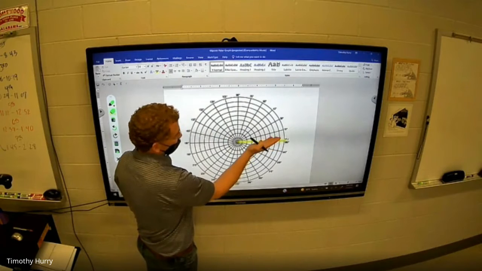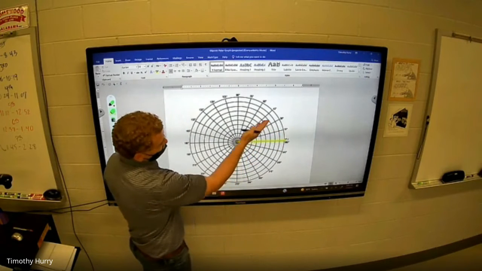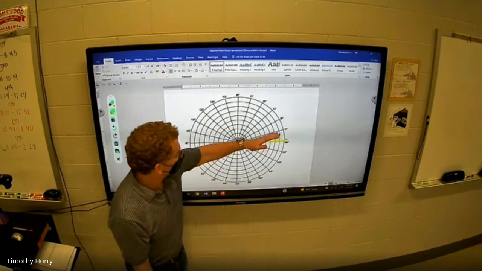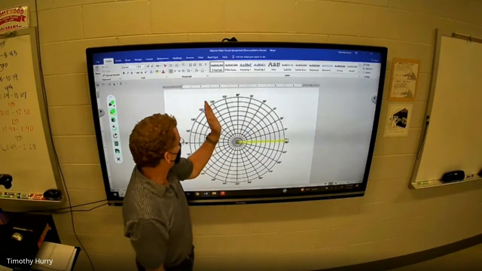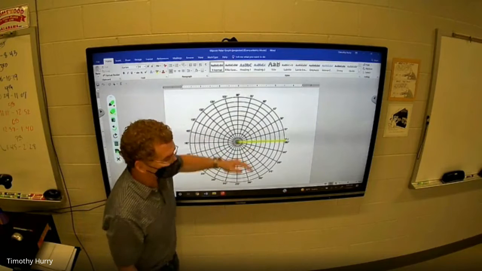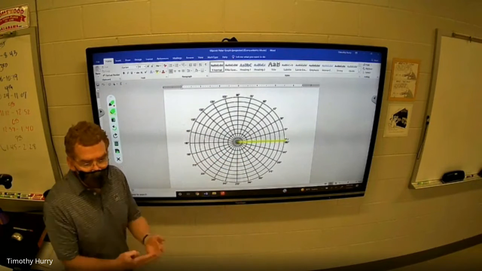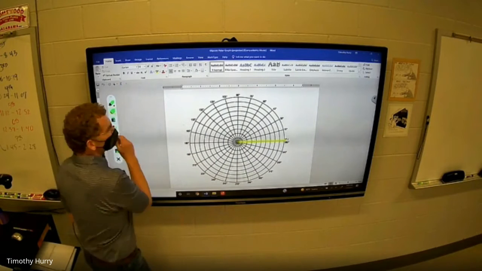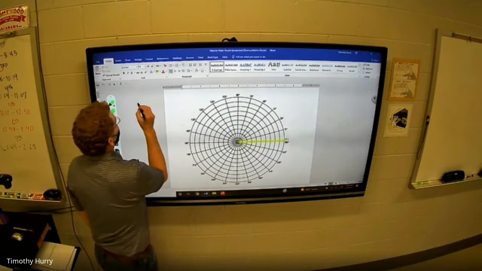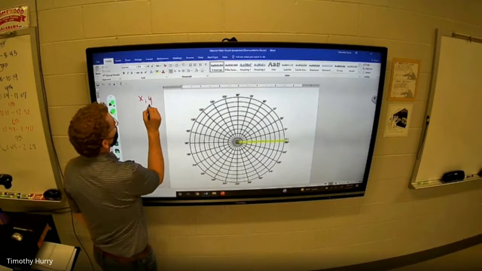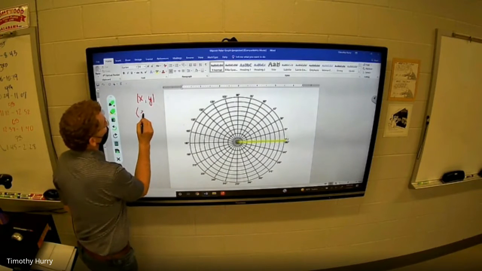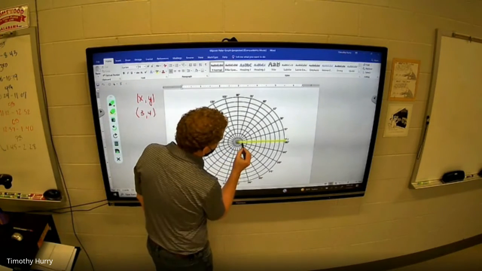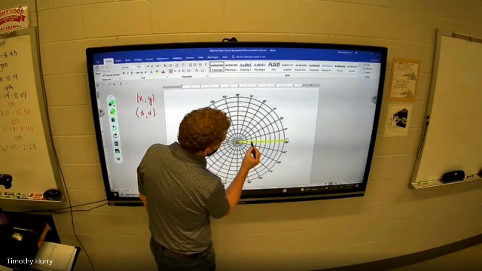1 degree, 2 degrees, 3 degrees. I've marked off 15, 30, 45, 60, 75, 90, because that's not just the 30, 60, 90s and the 45, 90, 135s. I put an extra 15 in there. But anyway, this is how we would think. Instead of going like we would with a point in a rectangular system, like in an XY, if I was going over 3, up 4, over 3 from here would be 1, 2, 3, right?